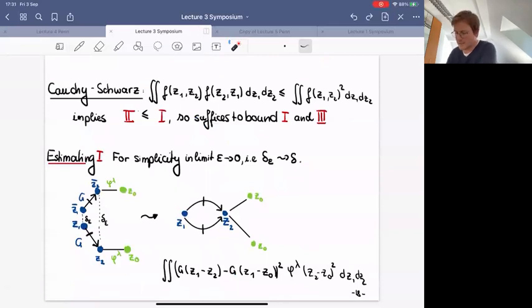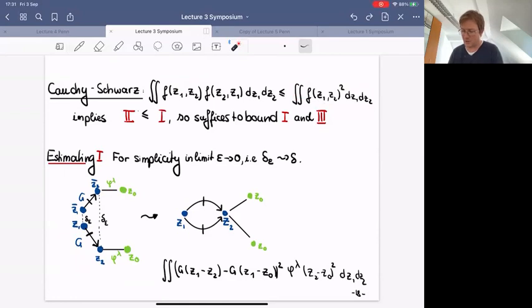When I analyze this, I use this version of the Cauchy-Schwarz inequality. That's a general fact: if you have a function of two variables and you have this type of scalar product cross term, you can always bound it by Cauchy-Schwarz by the diagonal thing squared.